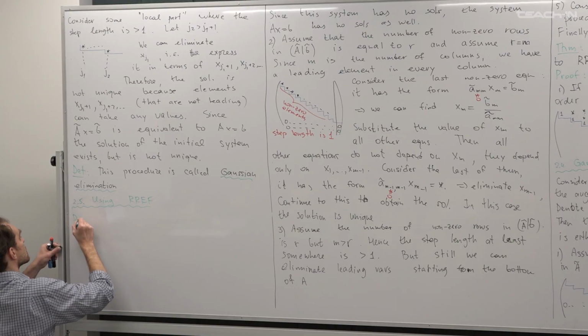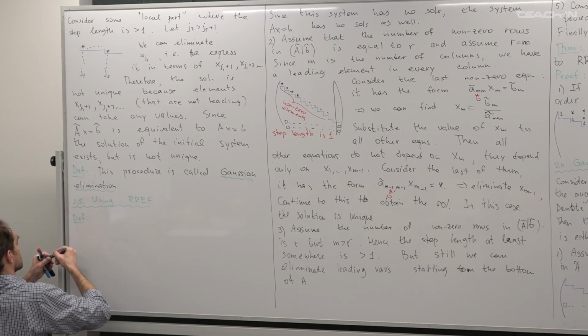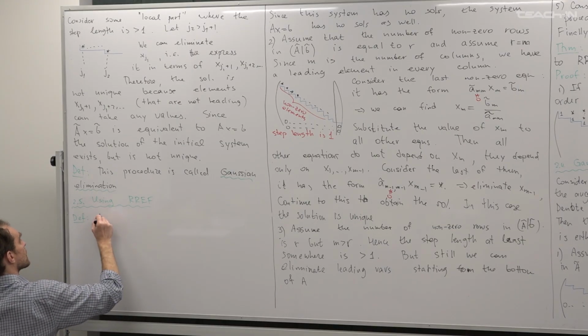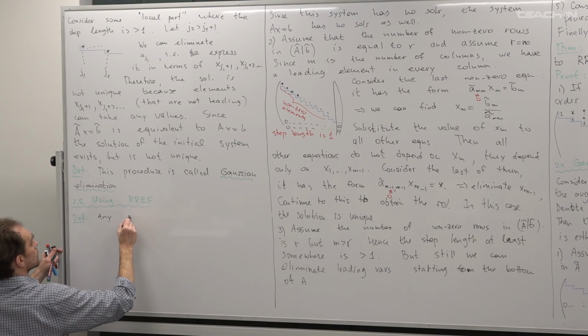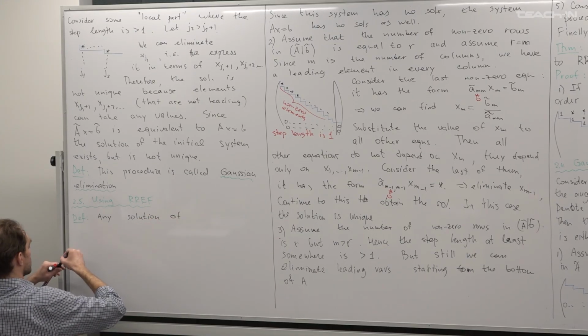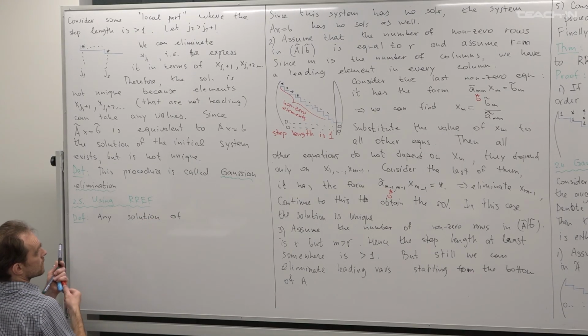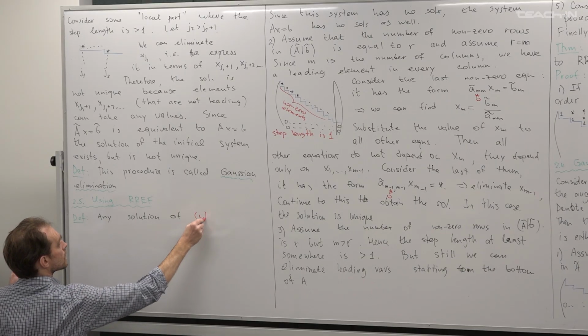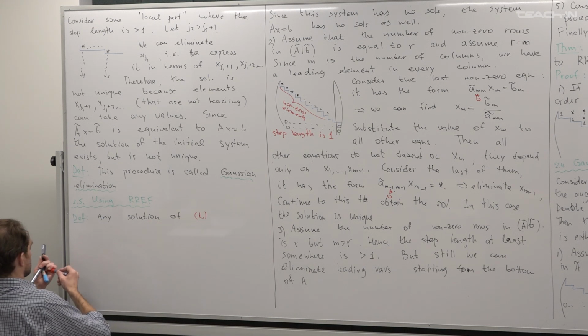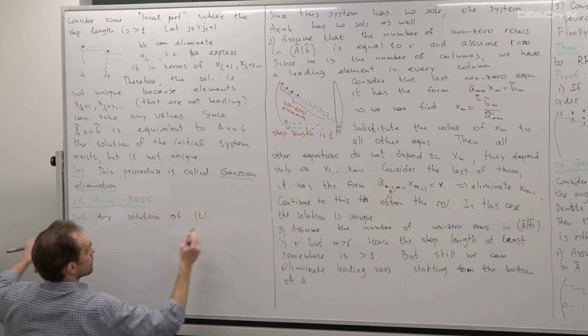Definition: any solution of our linear system L, that was in the beginning, is called a particular solution.